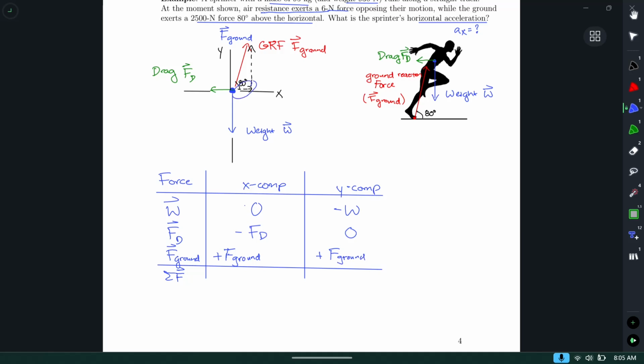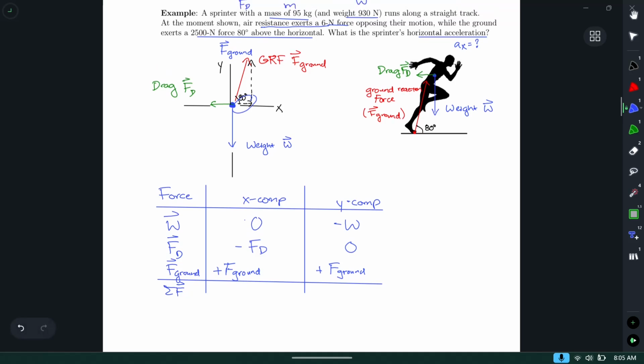For this x component, someone tell me whether I should use sine or cosine. Cosine, since it's adjacent to that angle. Yep, perfect. And then that leaves sine for the other one because it is opposite the angle.